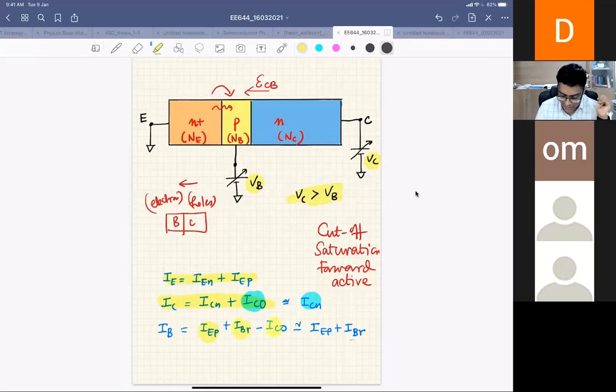And also this ICO component, as I told you, since minority carriers also drift across the junction, that part will also come into the base. So the base has three components, and if you neglect ICO, which is very small in normal operation, it will have two components, IP plus IBR, right?